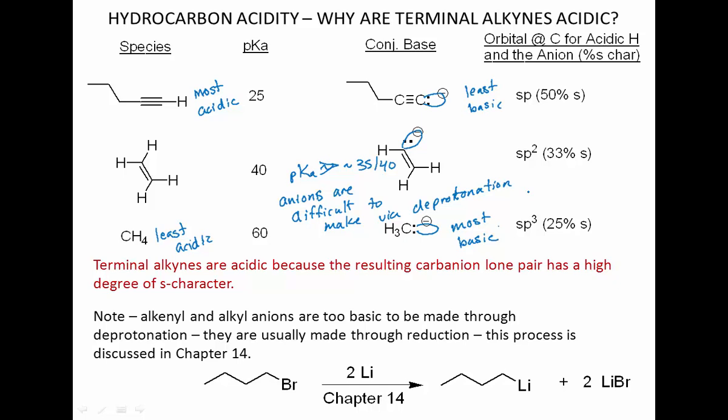So butyllithium, which is technically the conjugate base of butane, is never made by deprotonating butane. It's made by taking n-butyl bromide and treating it with excess lithium, and this reduces the carbon-bromine bond to a carbon-lithium bond and generates lithium bromide in the process. Actually, we don't need that 2 there to balance the equation. Okay, it's balanced without that 2. We do need the other 2, the 2 in front of lithium metal.